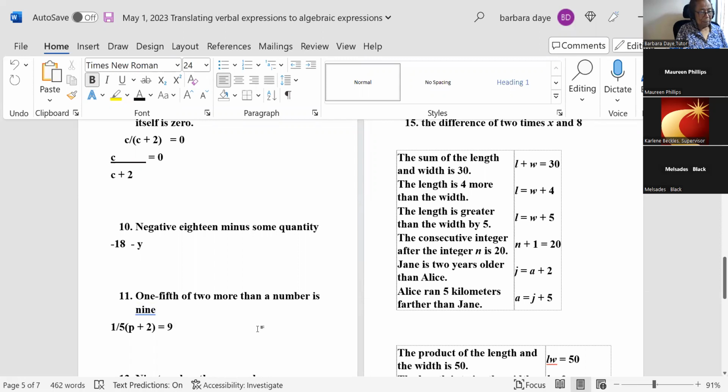Got it? Okay. Now, I want you to solve for P. Tell me what P is equal to. Maureen, are you solving for P? I don't know, 3? No. Maureen, solve it, don't guess.